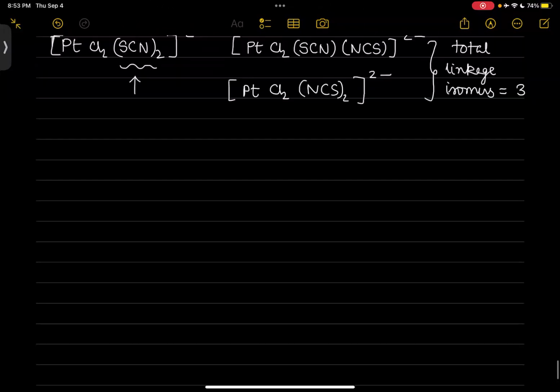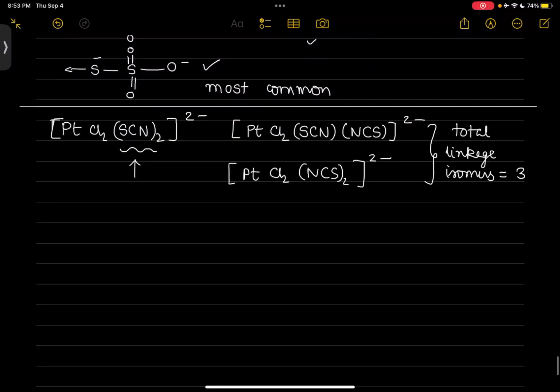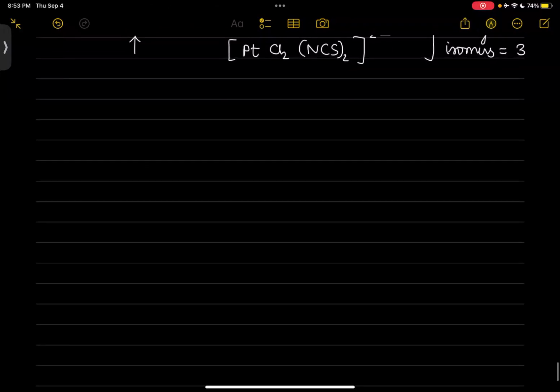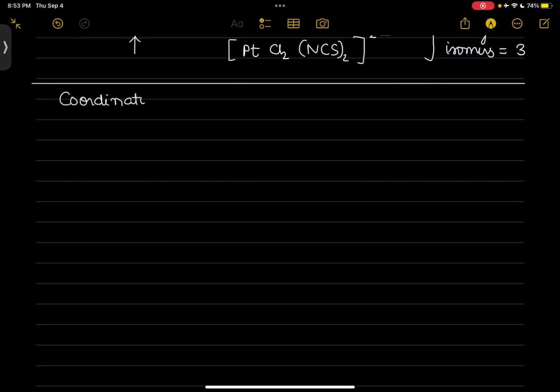Next is coordination isomers. What is coordination isomer? Who can tell me the definition? What are coordination isomers? Any idea?